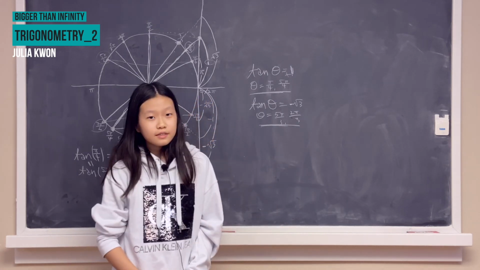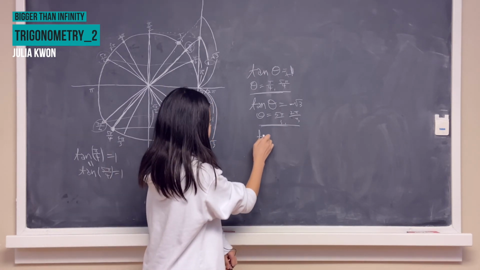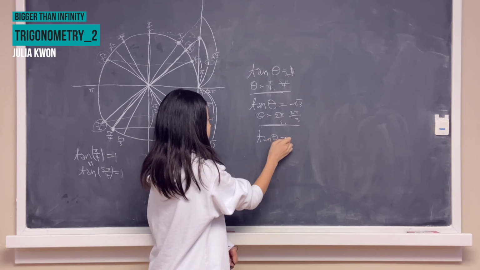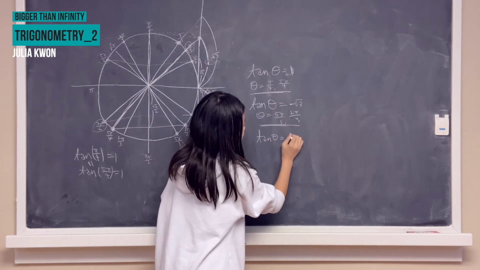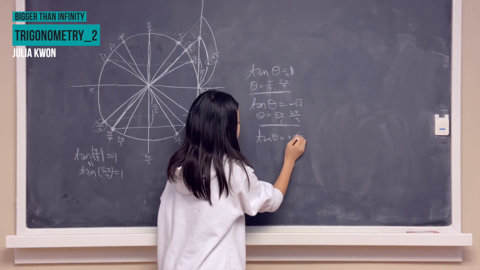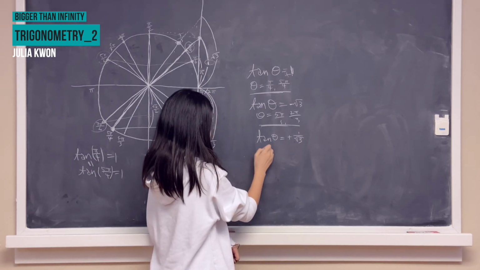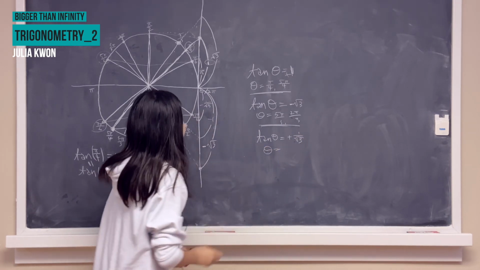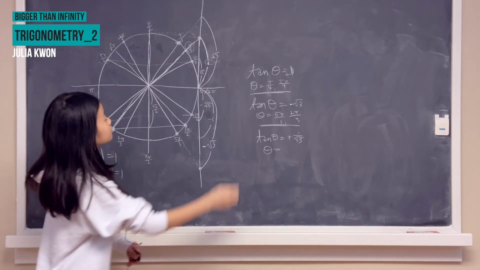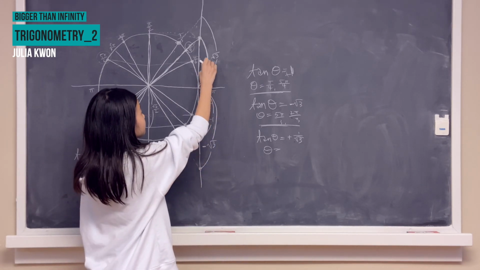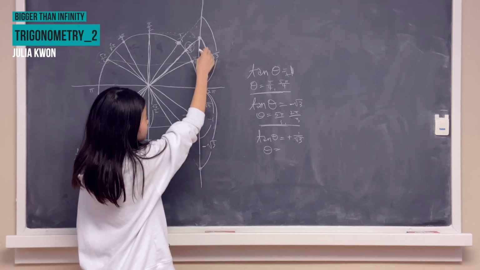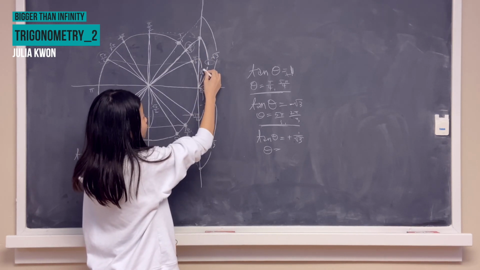And for the last example, I would like to set tangent theta equal to positive 1 over square root of 3. So for this one, we can just look at the positive side, and 1 over square root of 3.